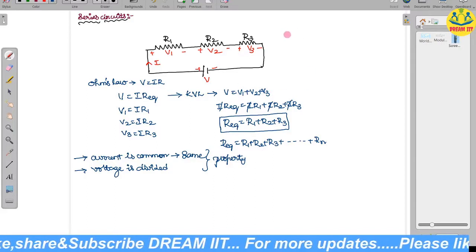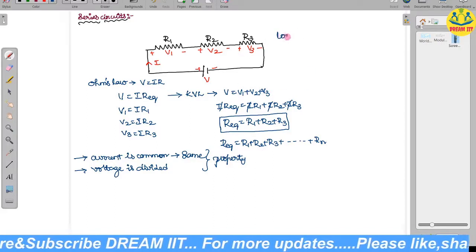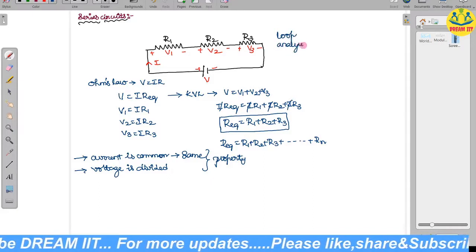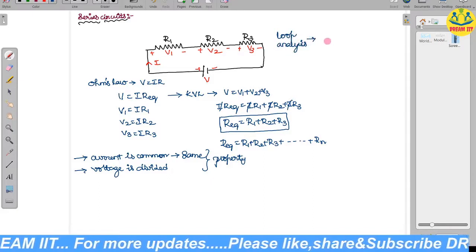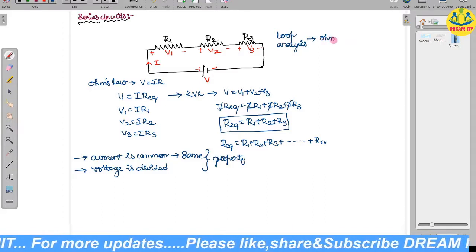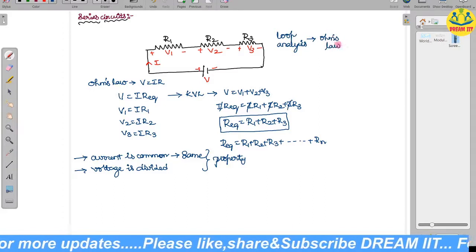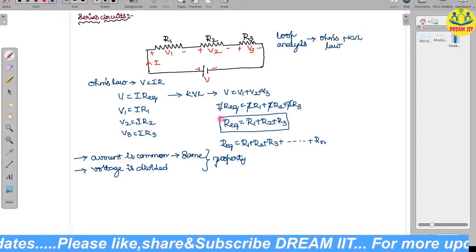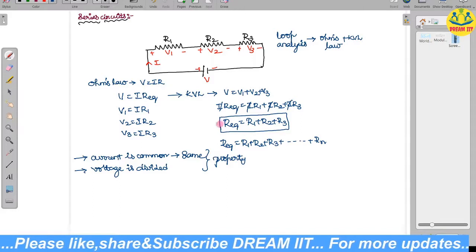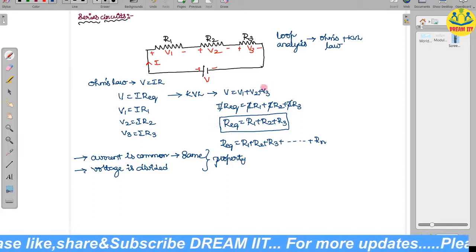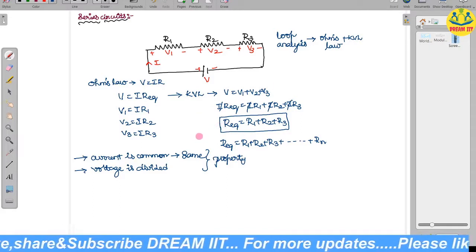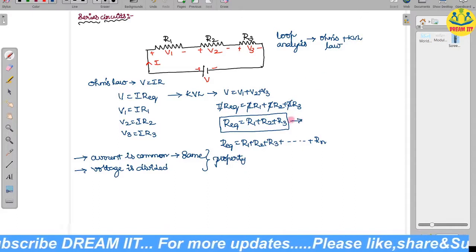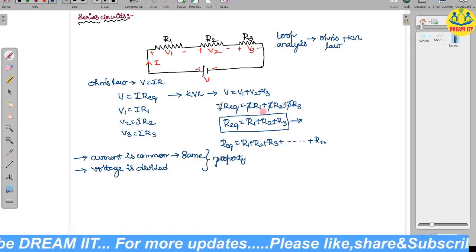The loop analysis or mesh analysis, we can take it as a summation of Ohm's law plus KVL. That's all. By application of these two, you get the R equivalent, which is what we have seen now. First I applied Ohm's law, then I applied KVL.